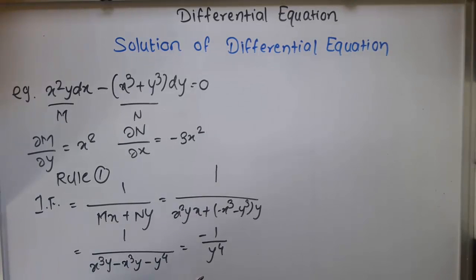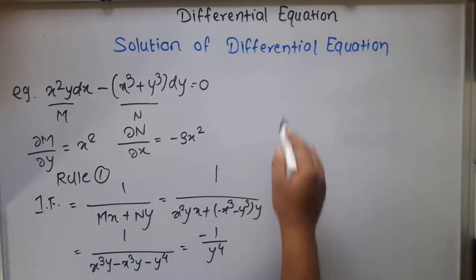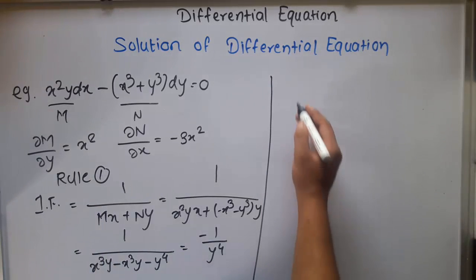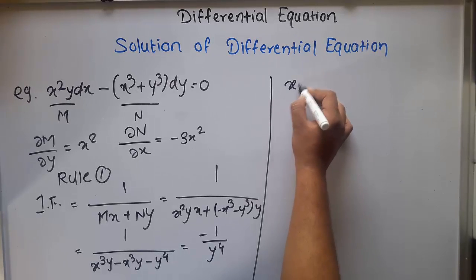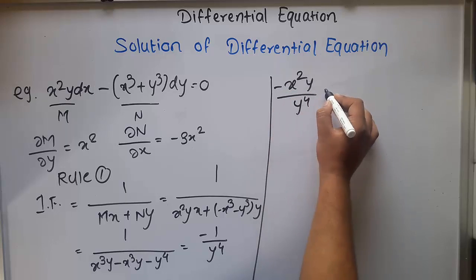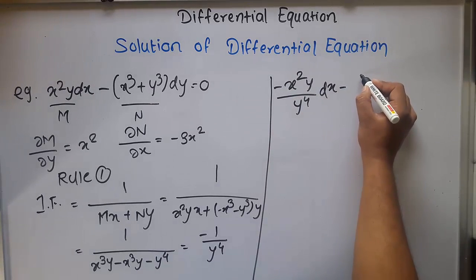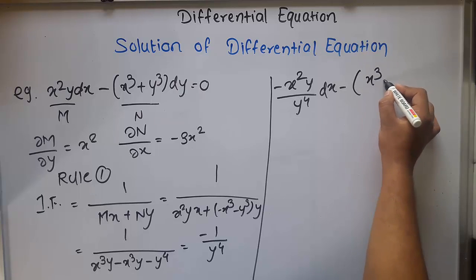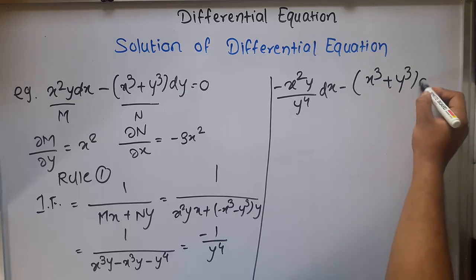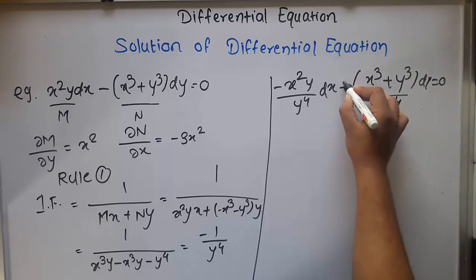By multiplying this integrating factor to this equation, we get an exact differential equation. So x square y upon minus y raised to 4 dx minus (x cube plus y cube) dy equal to 0, multiplying by minus 1 by y raised to 4.